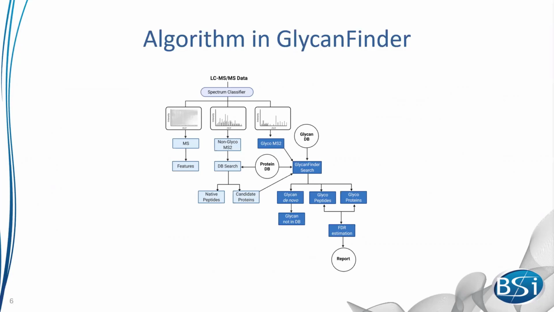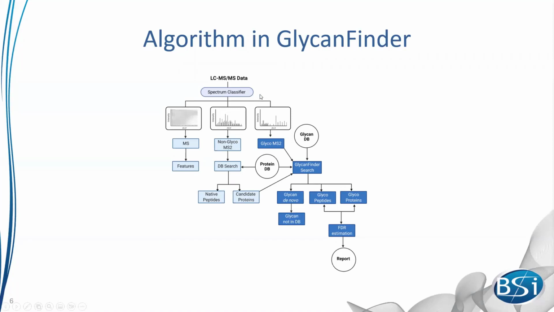So here's a very high-level breakdown of the Glycan Finder algorithm. We deal with LC-MS/MS data, and first we feed the data into a spectrum classifier. Of course, we take the MS1 data and do peptide feature detection, where we're looking to find the area under the curve of the peptide feature from just the LC-MS data, and then use that later on for quantitative purposes.